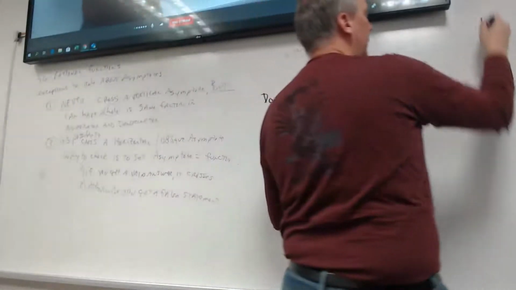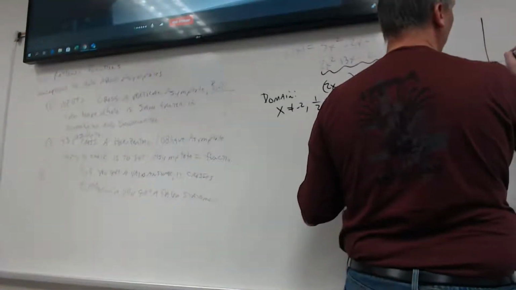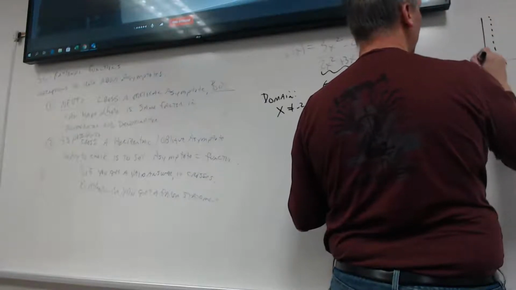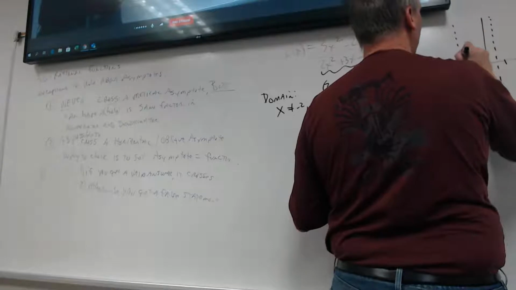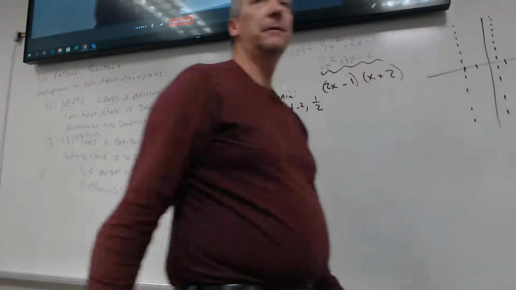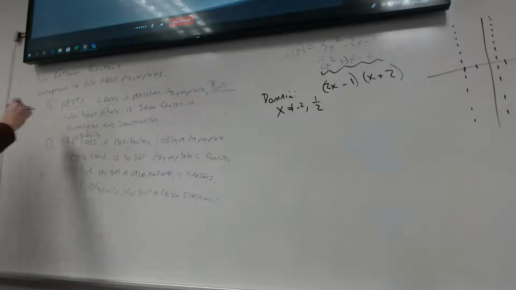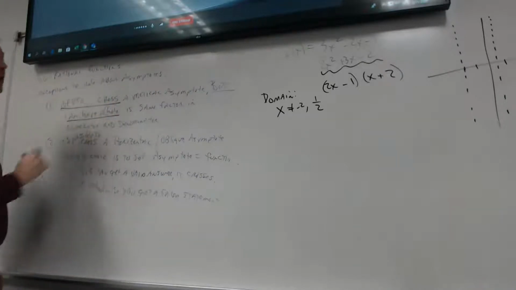Okay? I'm going to start drawing this. 1/2 is going to be about right here, and negative 2. All right, now, let's see. On vertical asymptotes, it will never cross, but we need to see if it can have a hole.